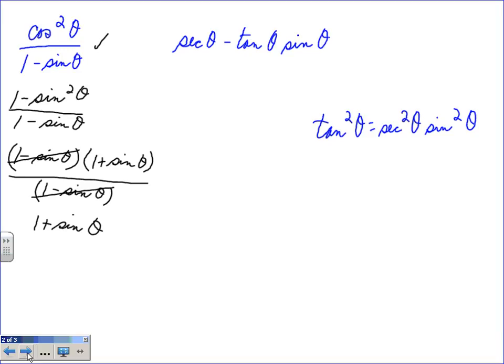And use your identities. Secant is 1 over cosine. Minus. Remember, I want to turn everything into cosines. Tangent is sine theta over cosine theta, right? Times sine theta.